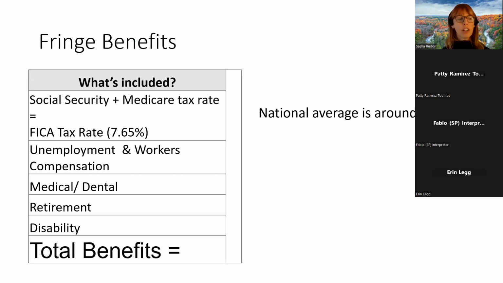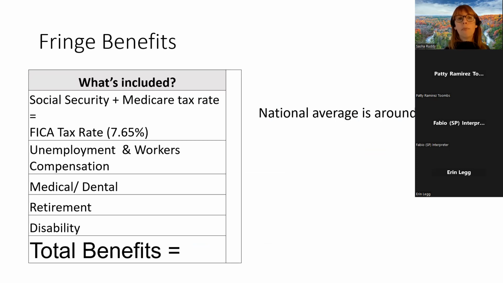All right, fringe benefits. What we see on the screen is what is included in fringe benefits, because some organizations don't utilize this or charge our grant for fringe benefits because they're unsure of what it includes and how it works.